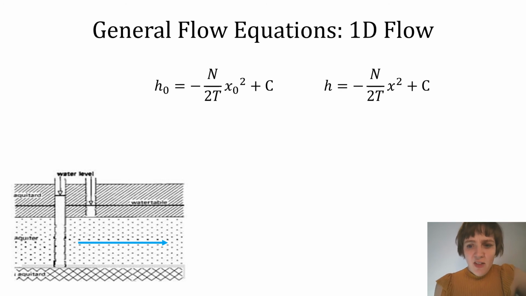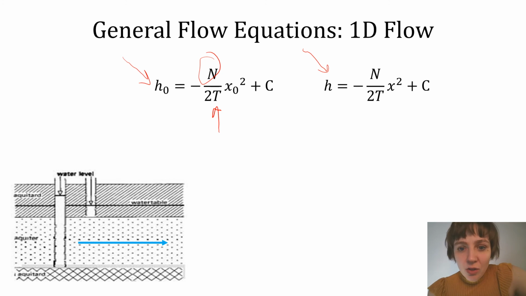So here we have our equations for hydraulic head at the well and hydraulic head some distance away from the well, okay? So at this point we have two equations and two unknowns, right? Assuming we know the recharge rate and we want to find the transmissivity, but we also need to know what C is, right? C was just that parameter that sort of moves the water table up and down, but we still need to know what that is in order to solve this system of equations.